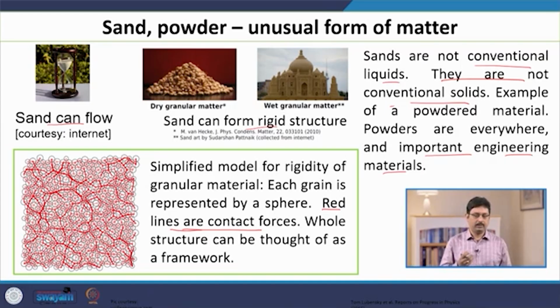I wanted to mention this because usually when you think about truss or framework, you think about something like a crane or a bridge or some such man-made structures, but here I show that these kinds of concepts can also be used to study various natural phenomena such as the properties of granular matter.